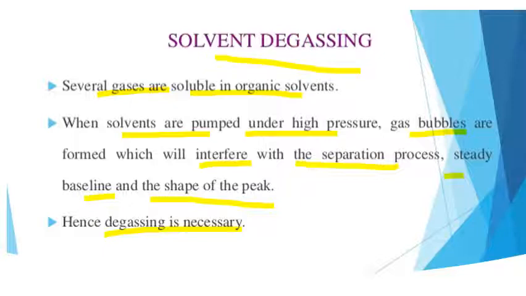How is it done? A vacuum pump is attached to the degasser to pump out the air or gas from the solvent. That's how the impurities are removed and the degassing function occurs.